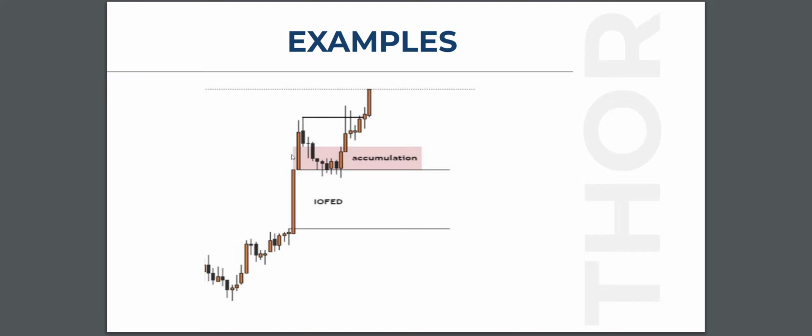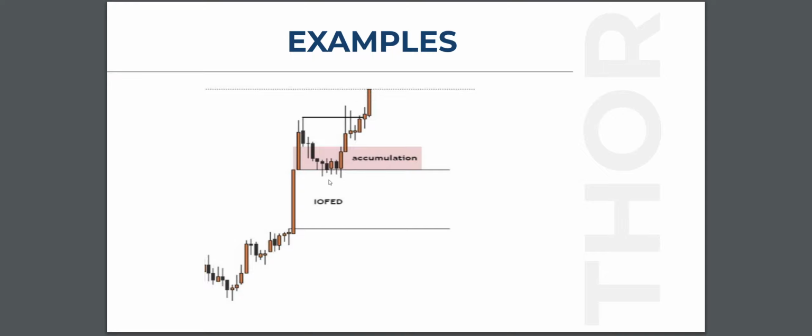About the manipulation, let's say this is a 15-minute time frame, right? When you're seeing multiple fair value gaps on a 15-minute. If you were to look at this price action on a lower time frame, because time is fractal, what you'll see is 1 minute candles printing in a range bound.